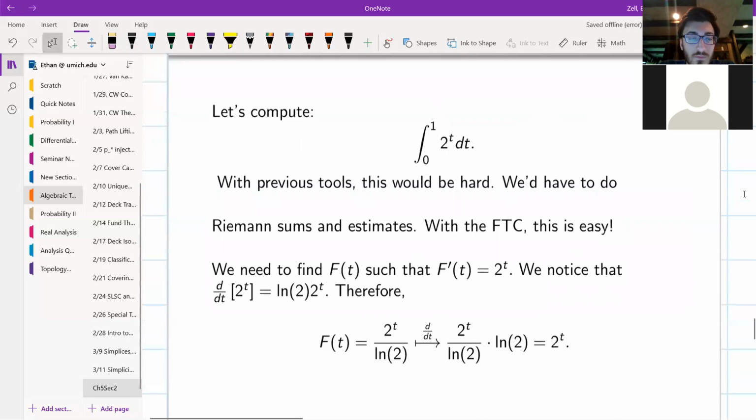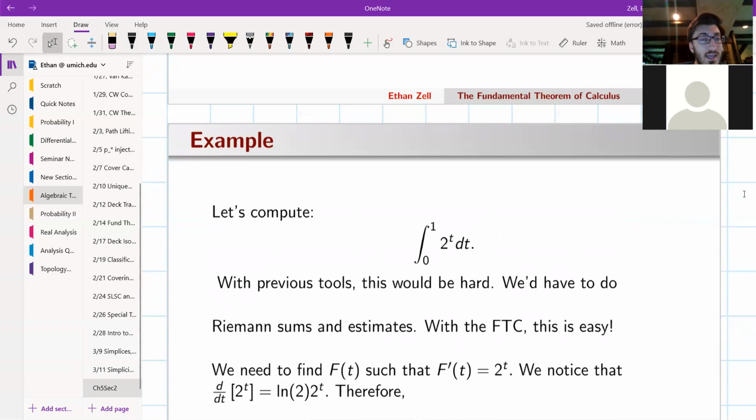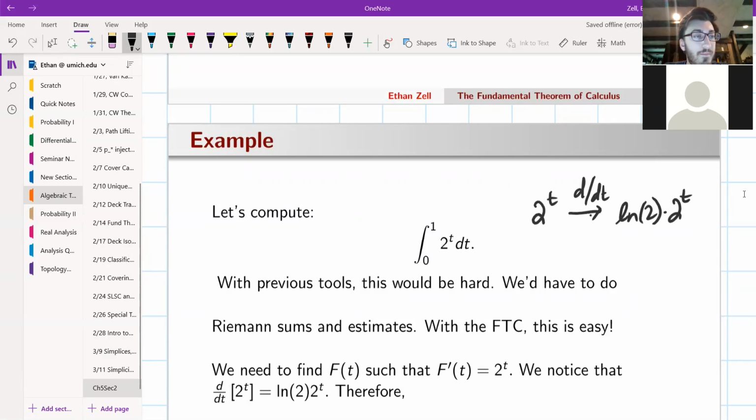All right. So our guess is, I won't show you the full slide yet. Our guess is that we know that the derivative of 2 to the t, so looking in the other direction, if we differentiate this guy, we get the natural log of 2 times 2 to the t, right? So this is a familiar differentiation rule for us. So our guess for this capital F of t should be something that maybe looks like this, but without the log of 2, right?